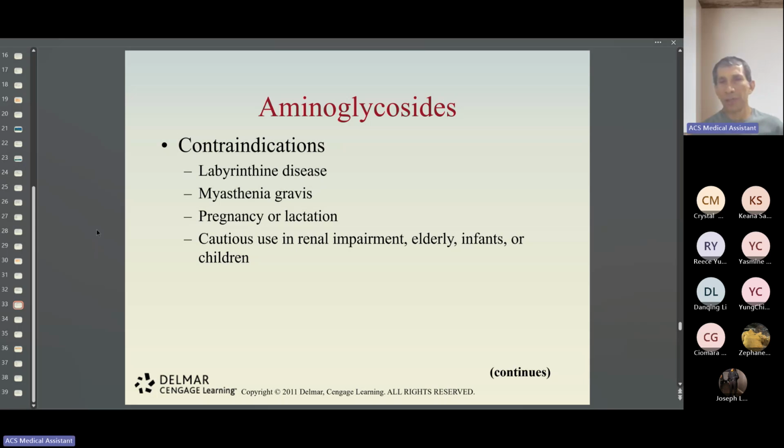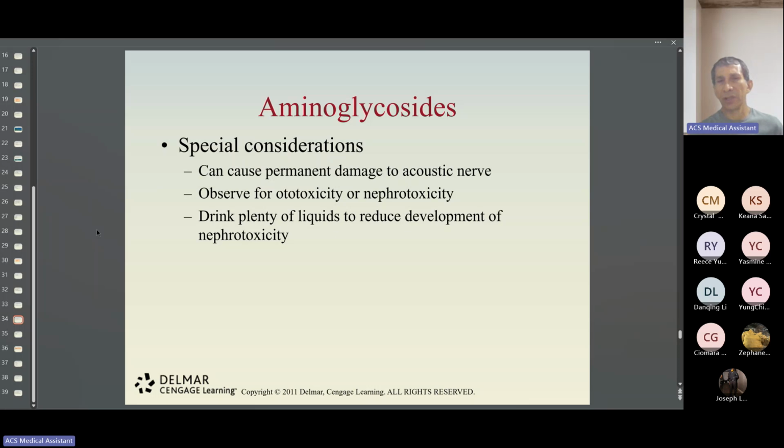No worries, you're not going to be asked about these medications' special considerations. Once again, one of the things that is affected the most is hearing, ototoxicity. So these medications we usually avoid giving to the patient because they cause more problems than actually fixing something.